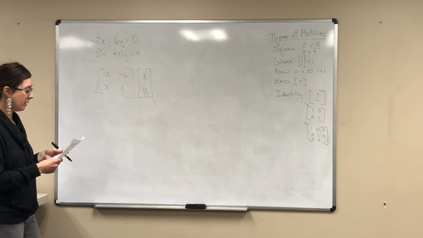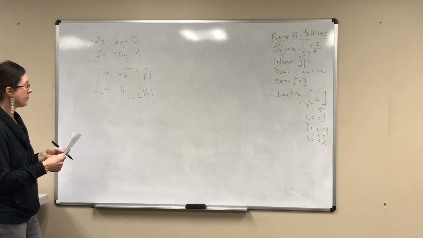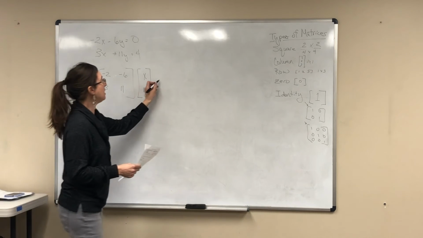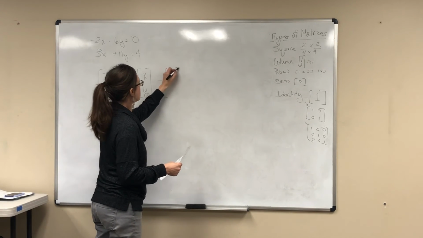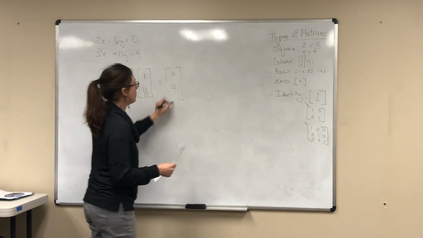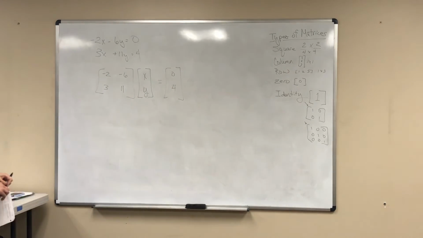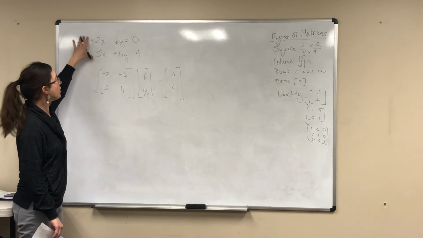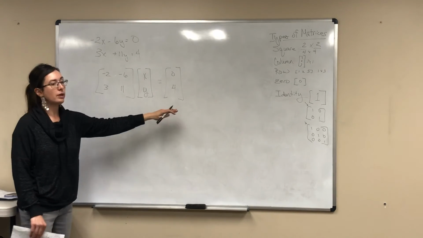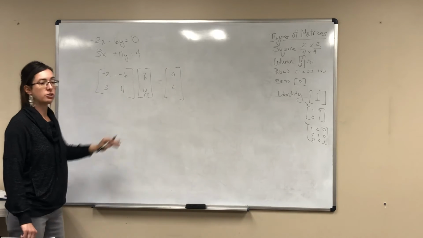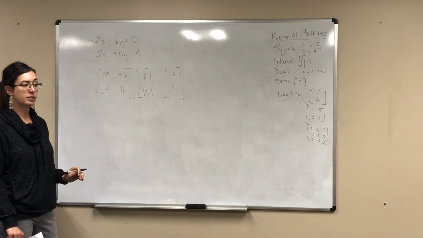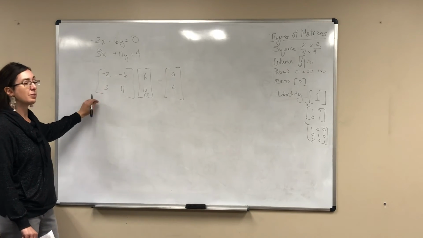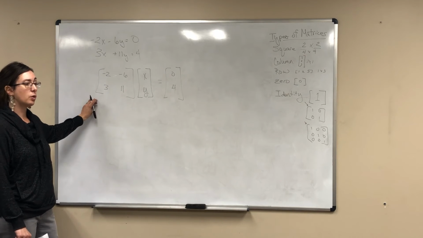So that's how it's written. And that equals 0 and 4, our answers. So do you see how we have taken each of our numbers and rewritten it as a matrix? That's all we have to do. This is how we're setting it up. This will help us solve.